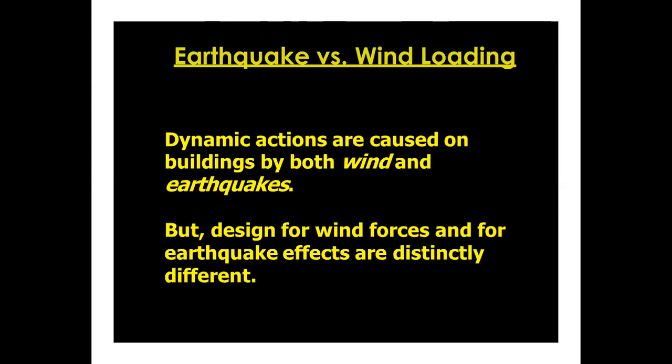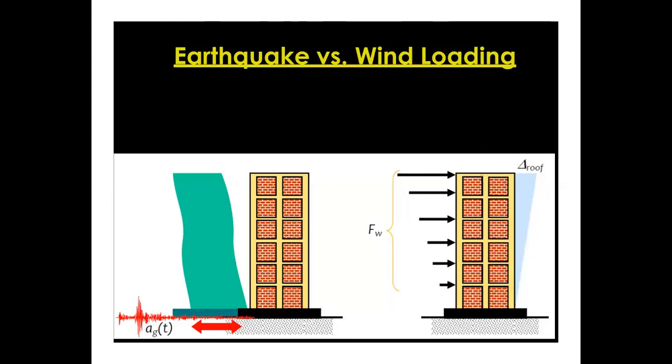Now, earthquake versus wind loading. Dynamic actions are caused on buildings by both wind and earthquake, but the design for wind forces and for earthquake effects are distinctly different, right? As shown in this figure, earthquake versus wind loading, the first figure shows the building in motion under earthquake load, and the second shows how the building will deflect or bend because of wind loading.